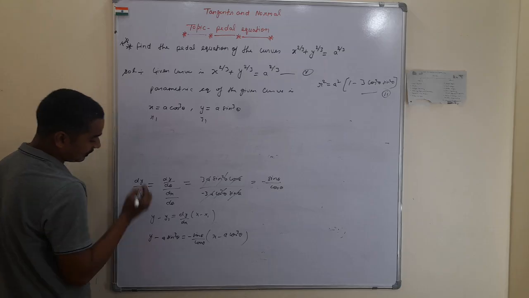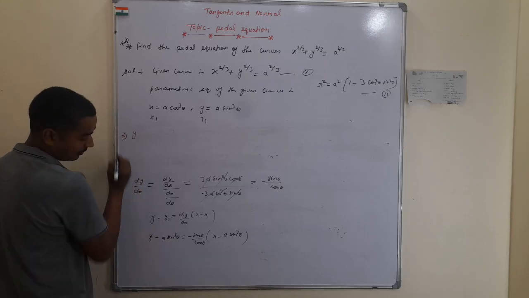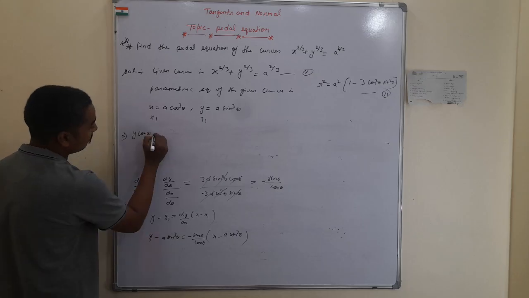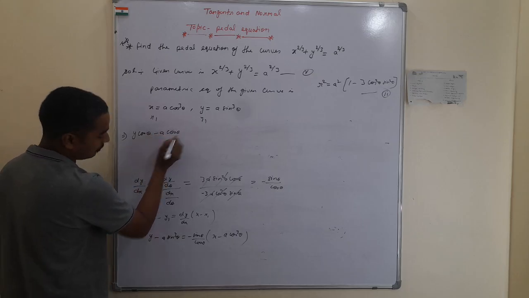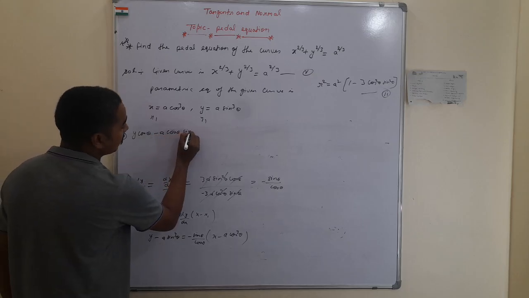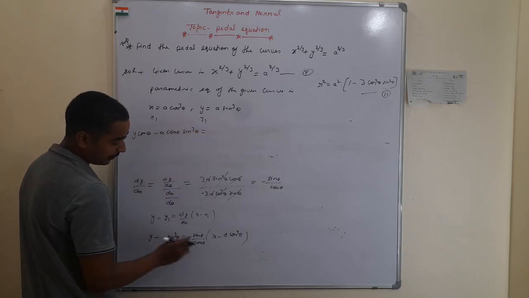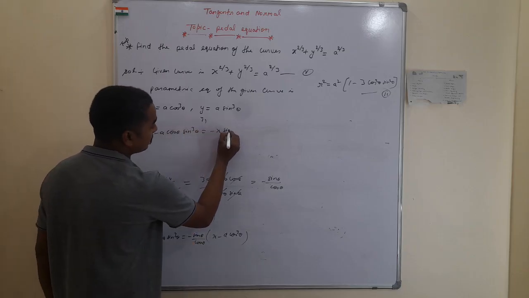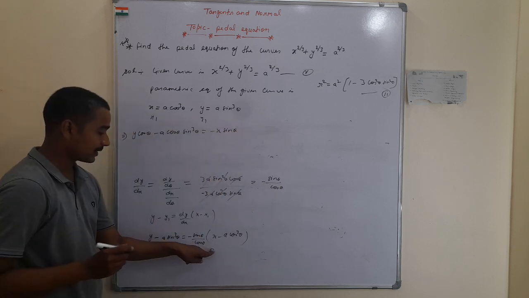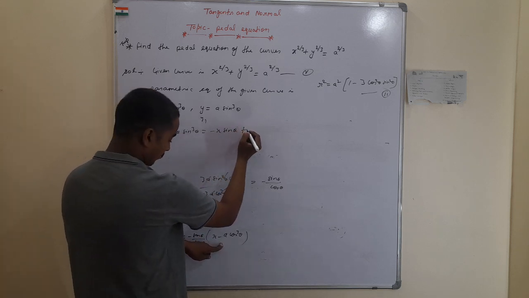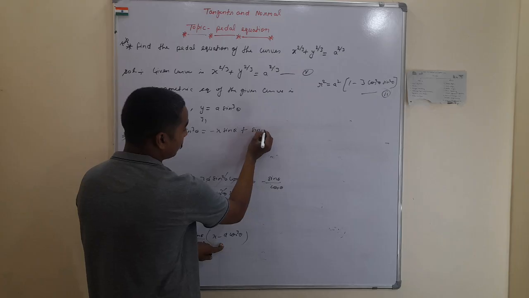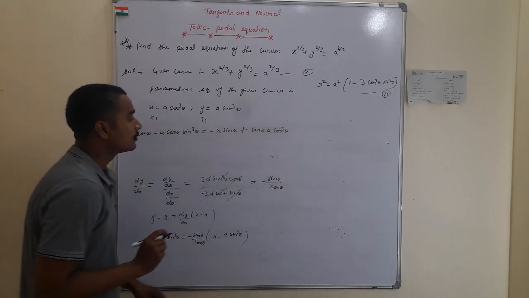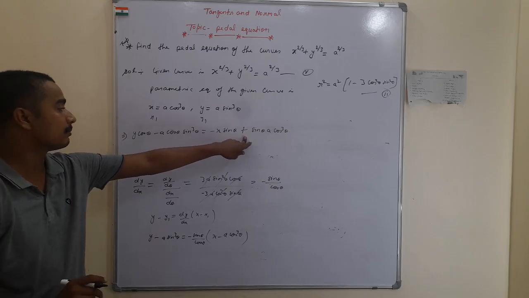Cross multiplication, this gives y into cos theta minus a cos theta into sin cube theta is equal to minus x sin theta plus sin theta into a cos cube theta, and we have to take this term to the left hand side.